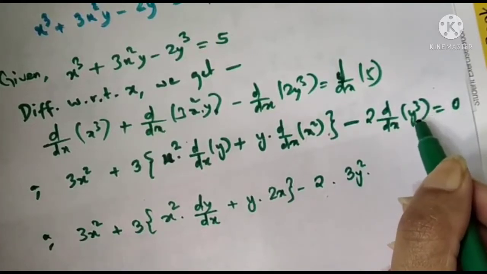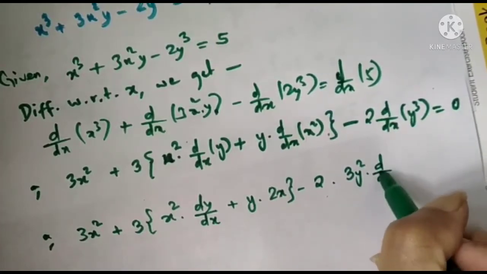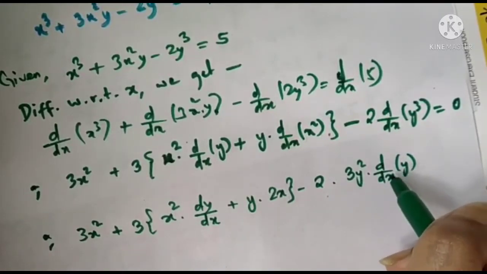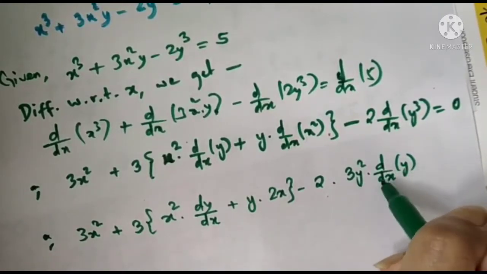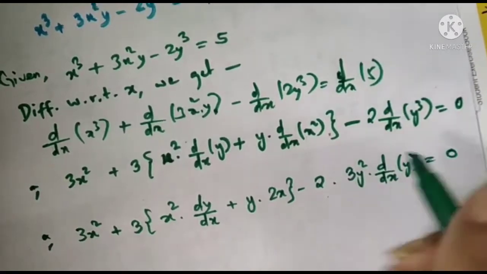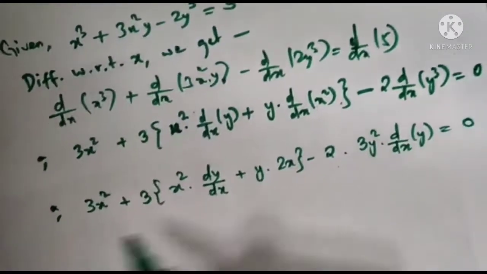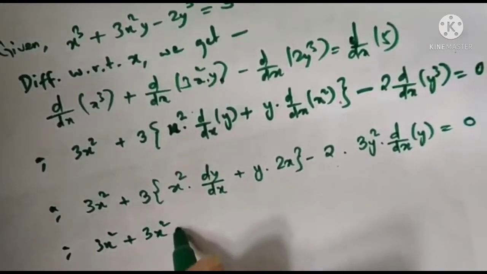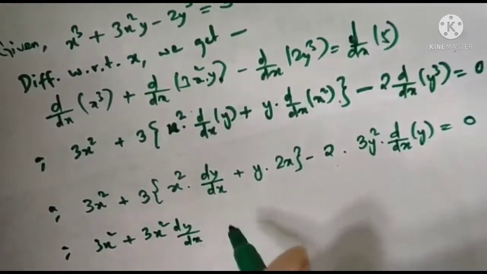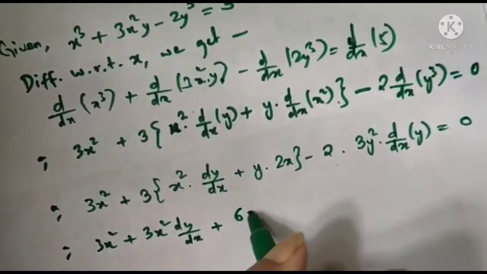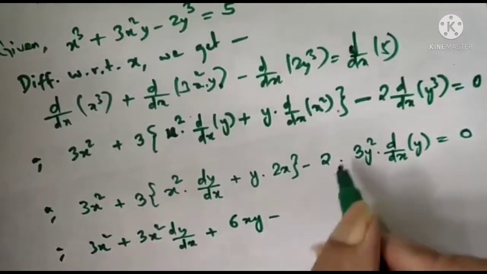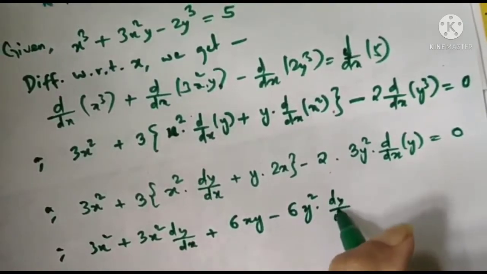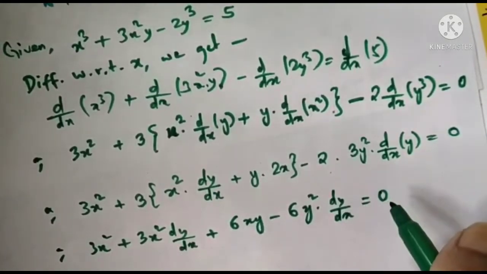Y is a different variable, so you are going to differentiate that y once again, because in place of x we have a y, so apply the chain rule; you will have to write dy by dx in the end, equal to 0. Done? Opening your brackets, you have 3x square plus 3x square dy by dx plus 6xy minus 6y square dy by dx equal to 0.